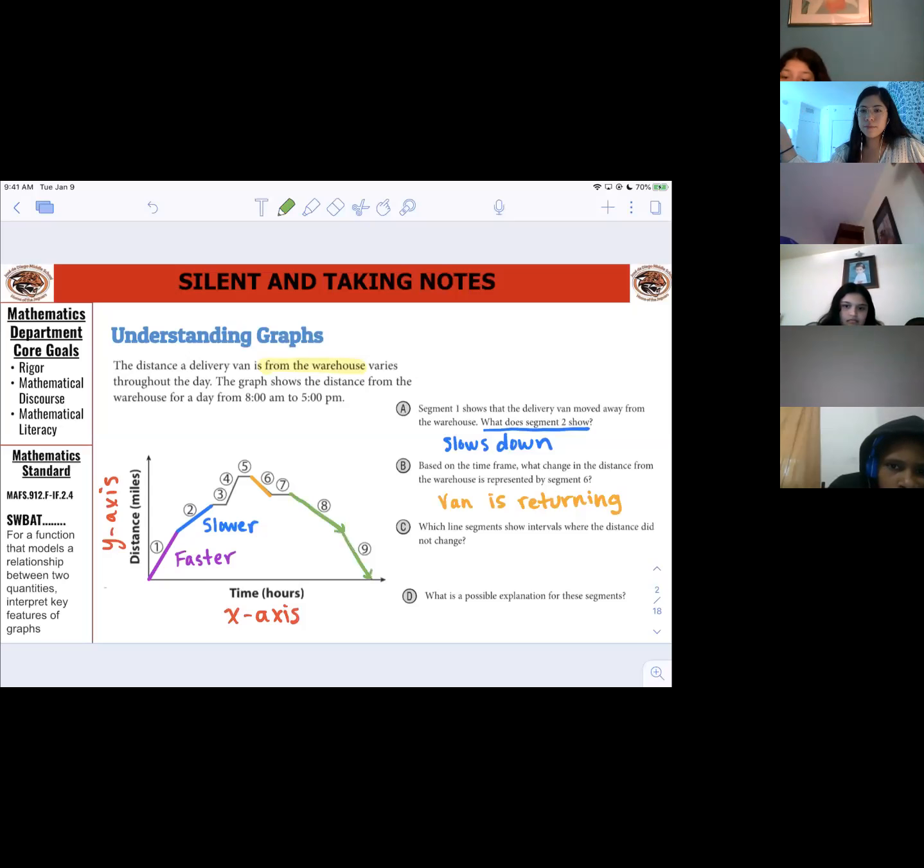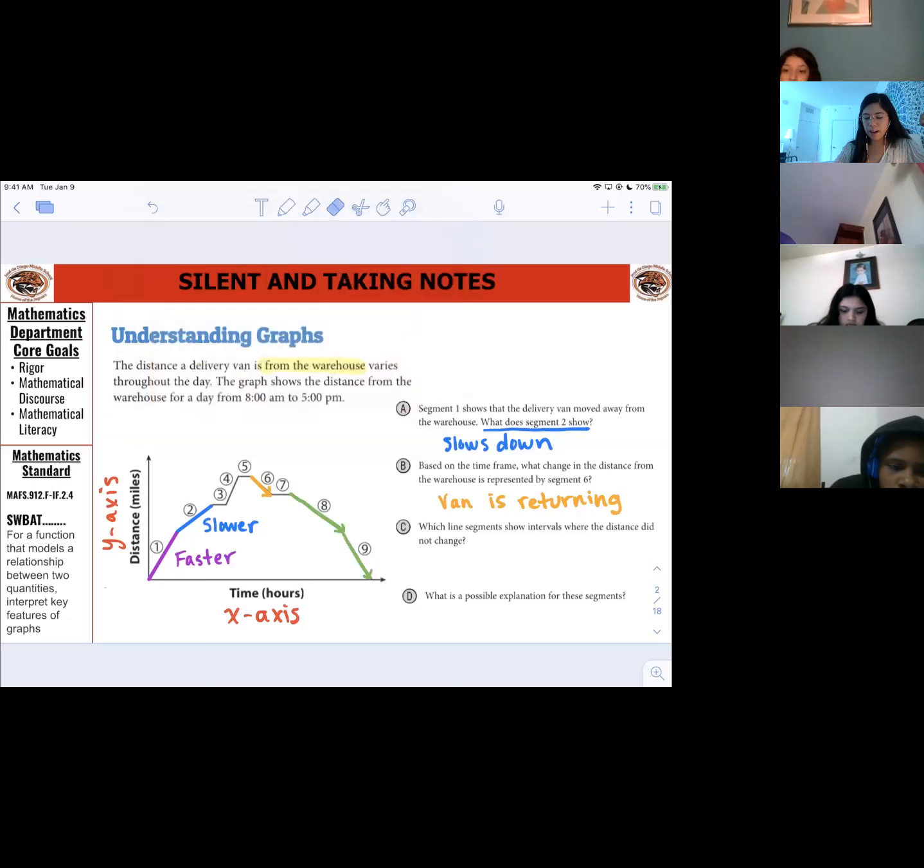Remember that distance is how far I am from the warehouse. So if I start out at the warehouse, I get further and further and further because I'm going and I'm delivering my packages. At a certain time, remember what happened in number 6. At number 6, this is telling me that the van is returning.